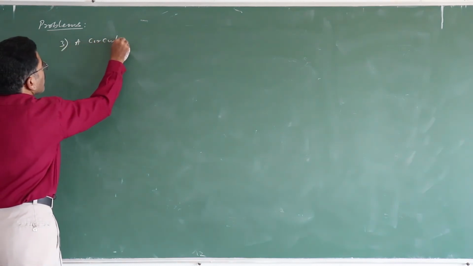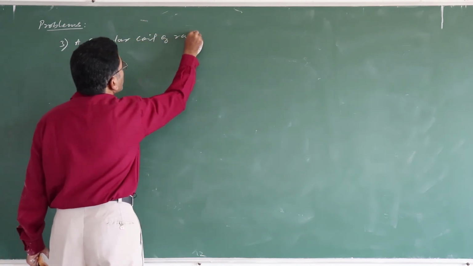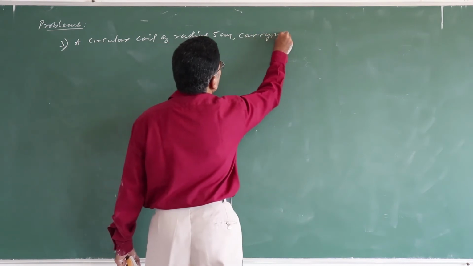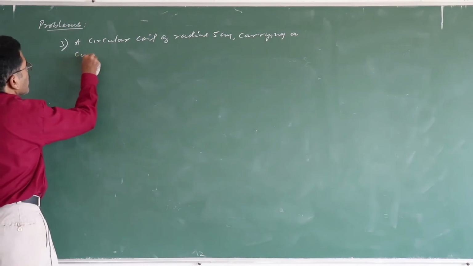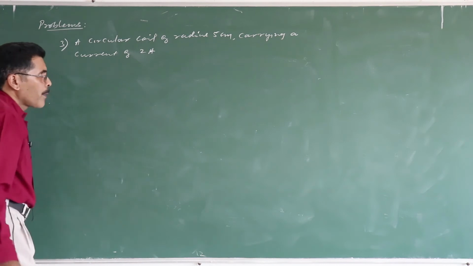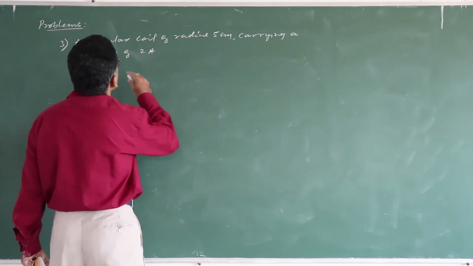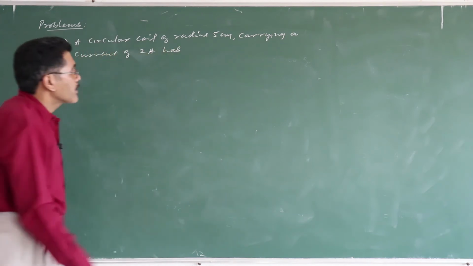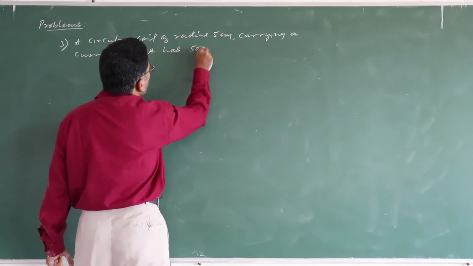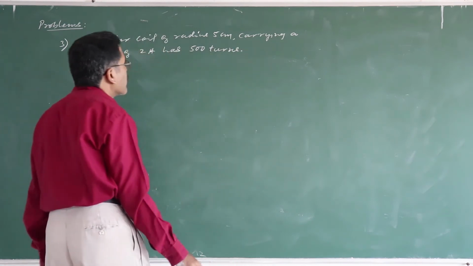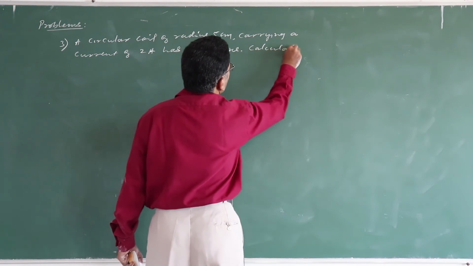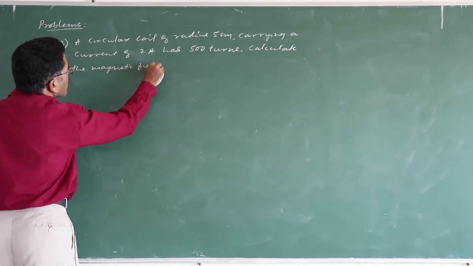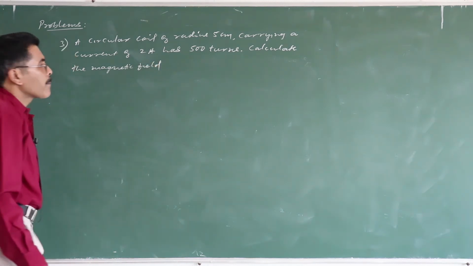A circular coil of radius 5 centimeter carrying a current of 2 ampere has 500 turns.